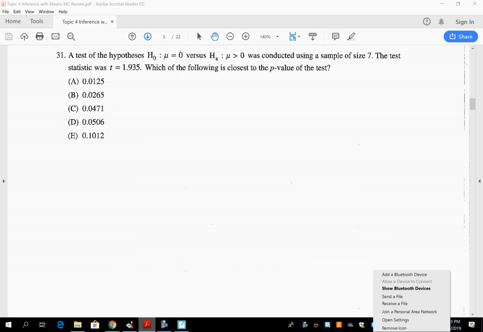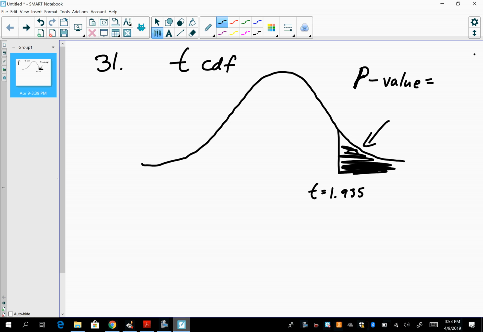All right, so what do we get? 0.0506. 0.0506 is D. Now, why do you think people put E? This is the most common wrong answer. What would a student do wrong to get E? Do you remember where we shaded? If you shade both, then you double the p-value.